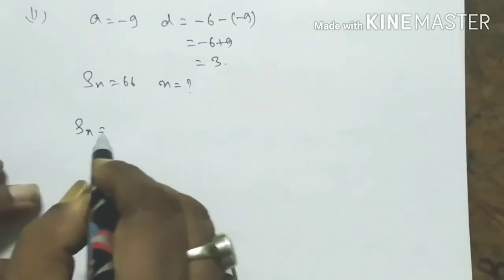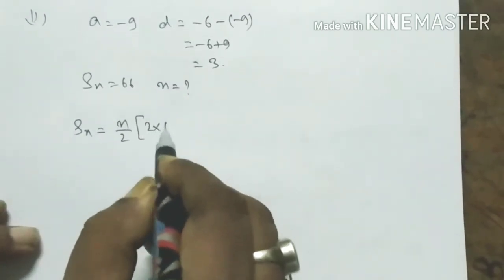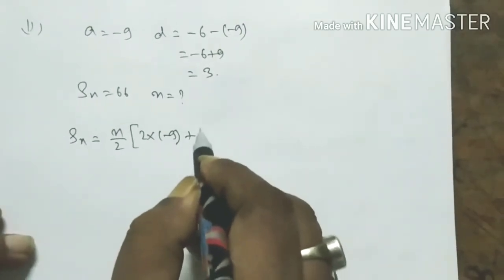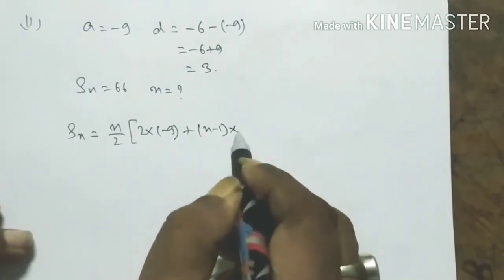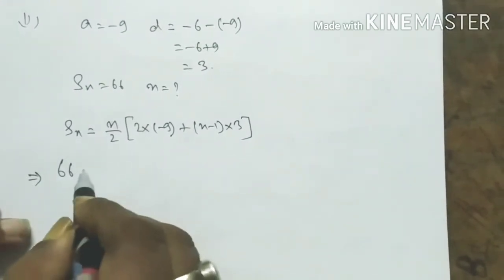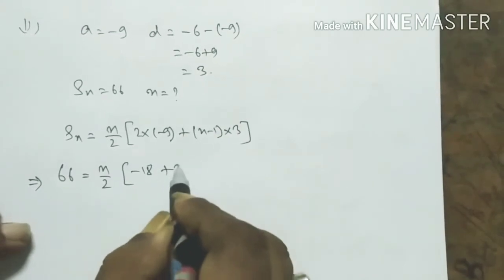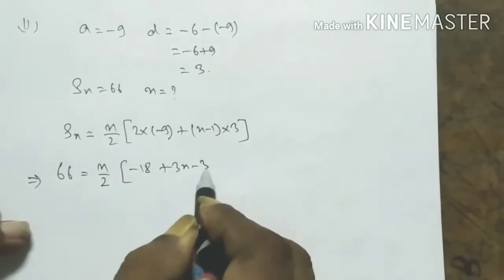So Sn is equal to n by 2, [2 into -9 plus (n minus 1) into D, which is 3]. Sn is 66, it is given to you. So this will be equal to n by 2, minus 18 plus 3n minus 3.